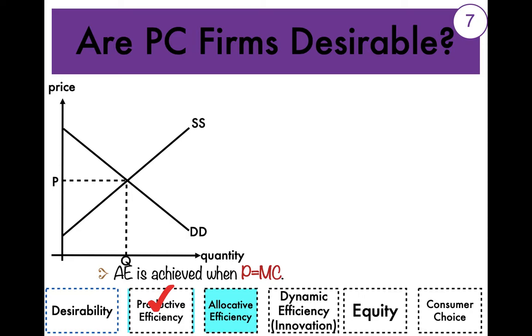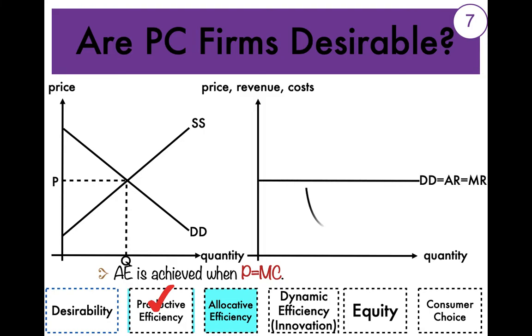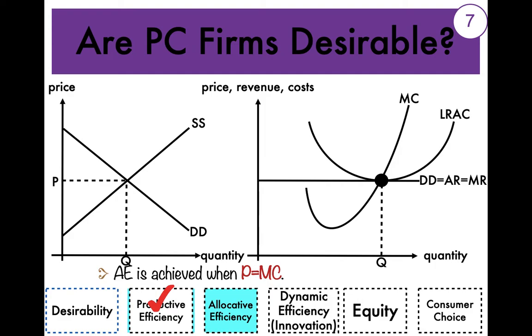And the market equilibrium price is P and market equilibrium output is Q. And the firms in the PC industry will take this price as given and charge the same price. So individual firms will also charge a price of P, which is also the demand and average revenue and marginal revenue of the firm. And given the MR equals MC, the firm will produce at Q to maximize its profit, right?